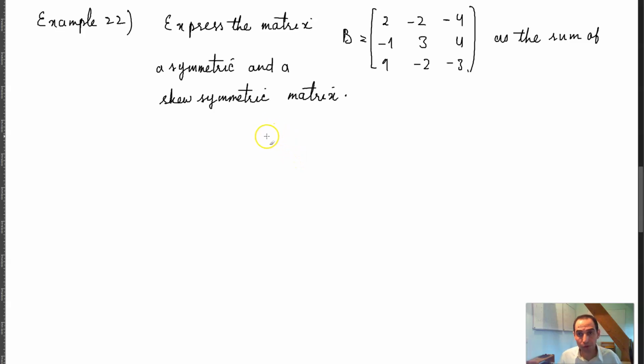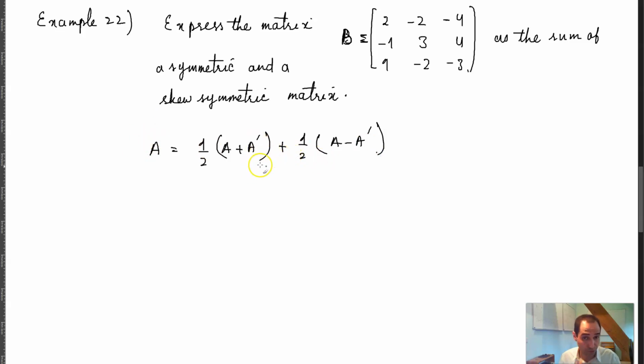Now, in order to do that, in the second theorem we said that if you have some matrix A, you can write it as 1/2 of A plus A prime plus 1/2 of A minus A prime, and that would be equal to A, of course.